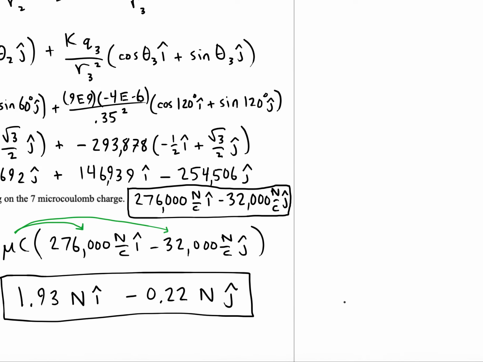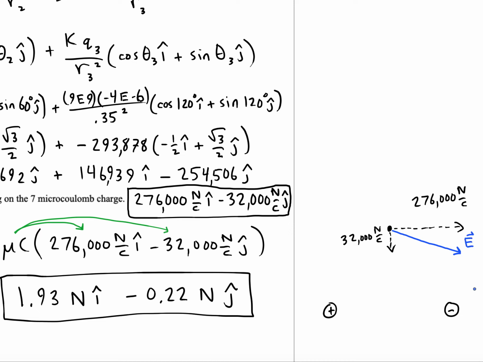And all it says is that if you have a positive charge and a negative charge here on the x-axis, our field points to the right a lot, 276,000 newtons per coulomb, and it points a little bit down. The resultant of that would look something like this.